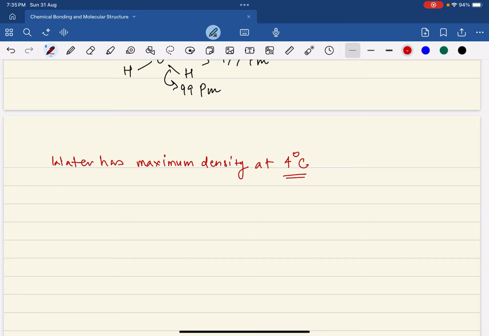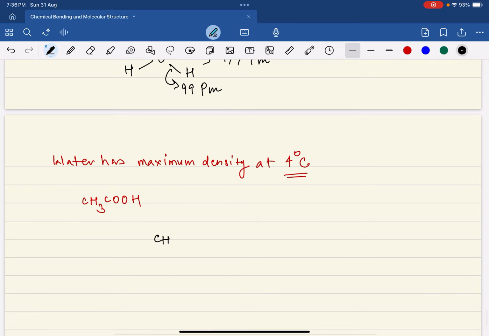Then I am going to explain the cause of hydrogen bonding. A very simple example is acetic acid. Acetic acid molecule is able to form a dimer due to hydrogen bonding. So in acetic acid, CH3C double bond O and OH, the second molecule combines like this and 2 molecules come closer, in which hydrogen acquires partial positive, oxygen acquires partial negative.